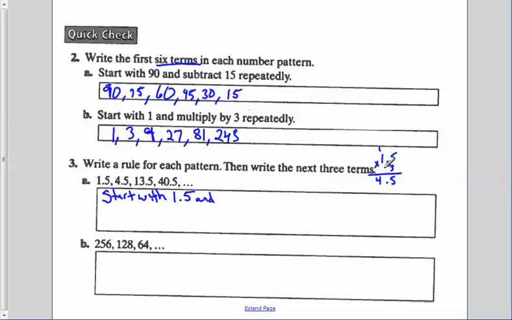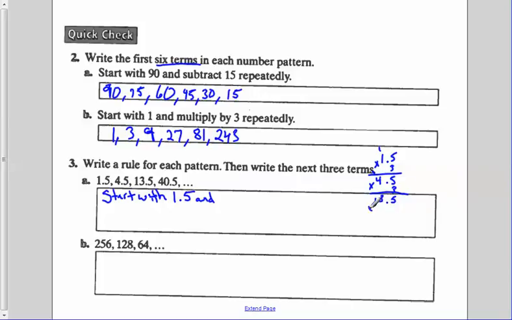Ooh, I'm on something here. So 4.5 times 3, I do the same thing. 3 times 5 is 15, carry the 1. 3 times 4 is 12, plus 1 is 13. Did I follow the next number? Yep, 13.5.